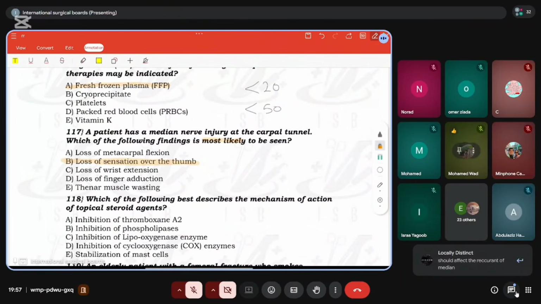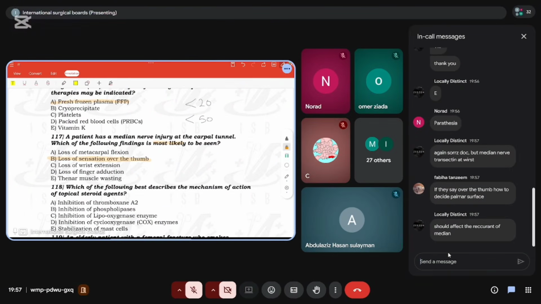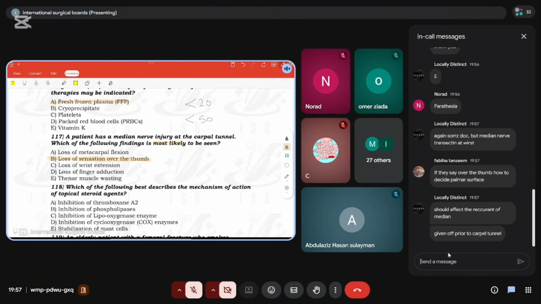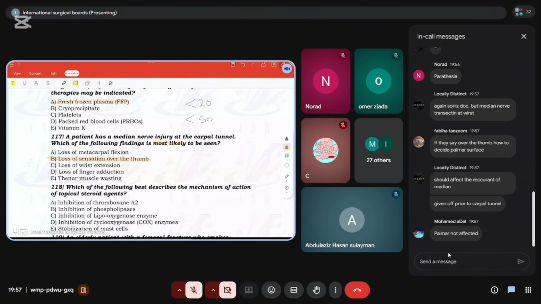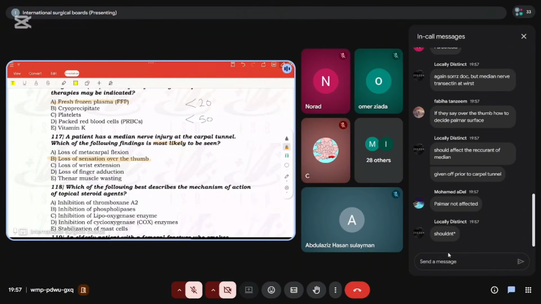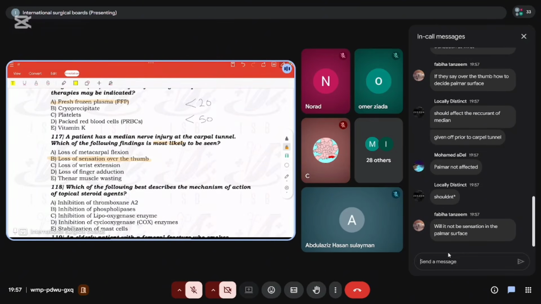Let's see the comments. People are commenting. Someone said, again, sorry, but median nerve transecting at wrists. I don't know what you mean, but yes, median nerve traverses the wrist within the carpal tunnel. If they say over the thumb, how to decide palmar surface?